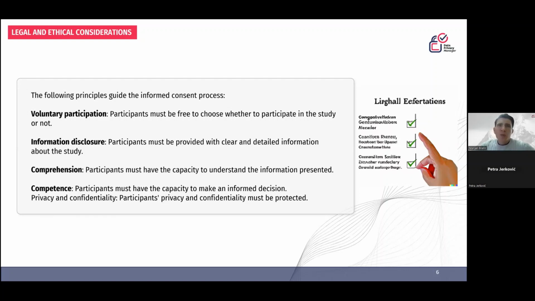So from this perspective, it's very, very important to have an ethical review of the language in the informed consent forms, or ICFs. What is communicated to the patient should be reviewed.